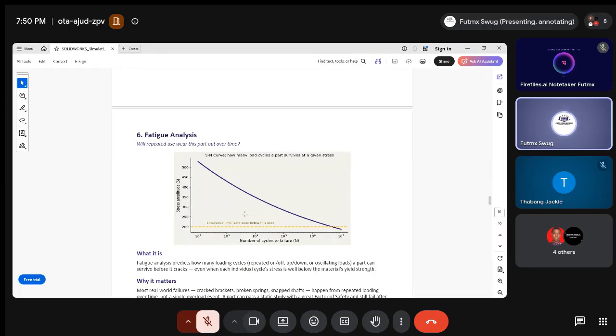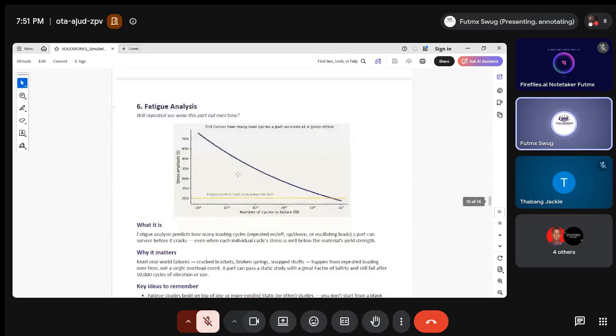over a particular number. So you would have to do a fatigue analysis to see, okay, when I constantly apply this load for so much time or for so much amplitude, what is the level of fatigue that this part can withstand?